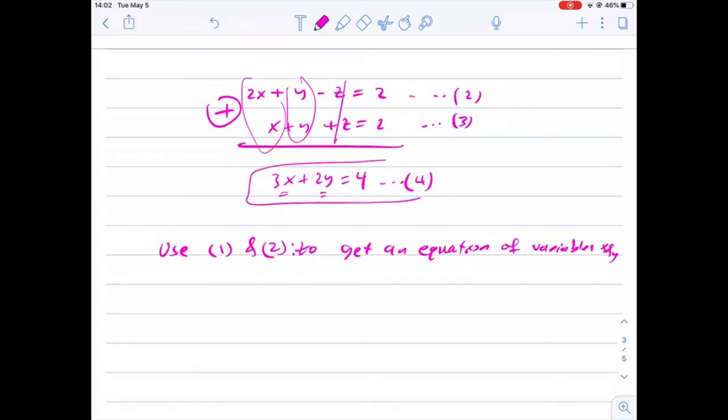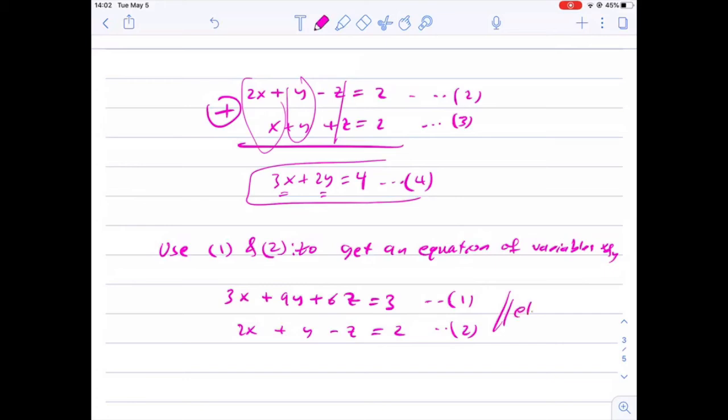So the first equation is 3x plus 9y plus 6z equals 3, and the second one is 2x plus y minus z equals 2.